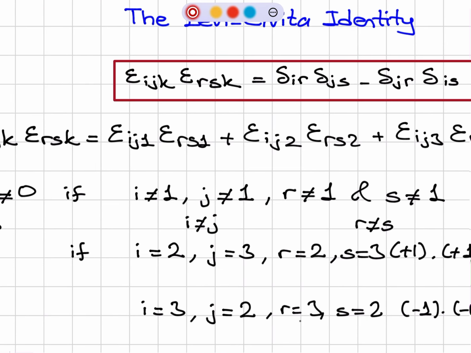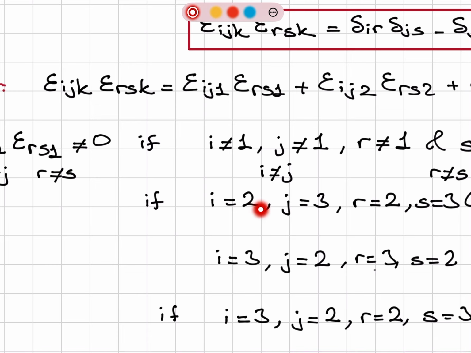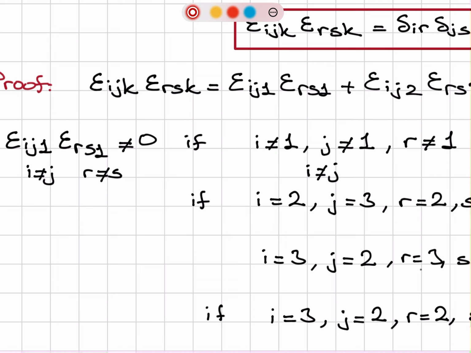Okay. Now, let's see. If i is equal to 2, j is equal to 3, r is equal to 2, s is equal to 3, then we have 2, 3, 1, and 2, 3, 1. 1, 2, 3, 1, 2, 3 is the positive direction. So that gives me plus 1 times plus 1.